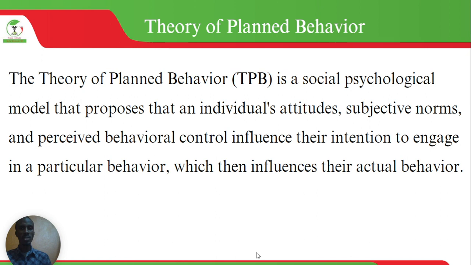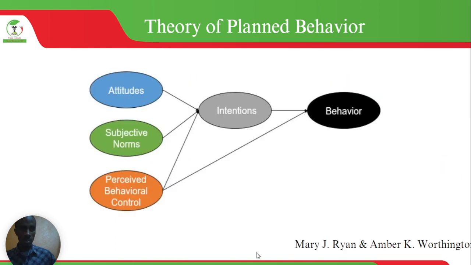So in this, we recognize that intention is one of the most influential things when we talk about behavior, but this intention to perform a behavior is affected by those three aspects: the attitudes, the subjective norms, and the perceived behavior control. And when these come into play, they all affect behavior.